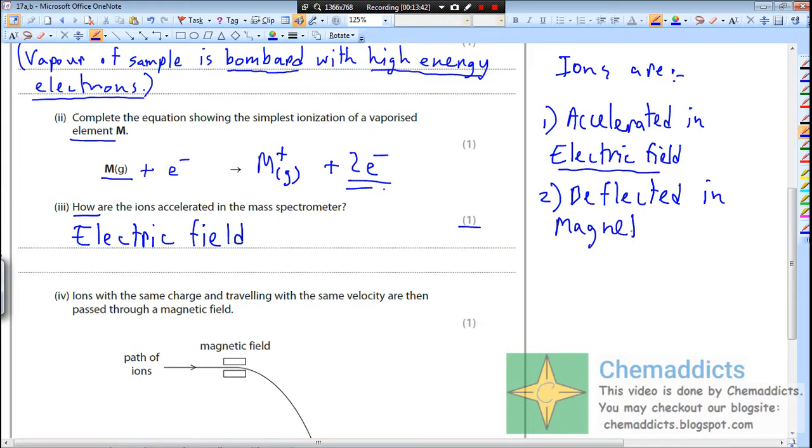So they are totally different. In the electric field, the ions are accelerated. And in the magnetic field, the ions are deflected according to their mass by charge ratio.